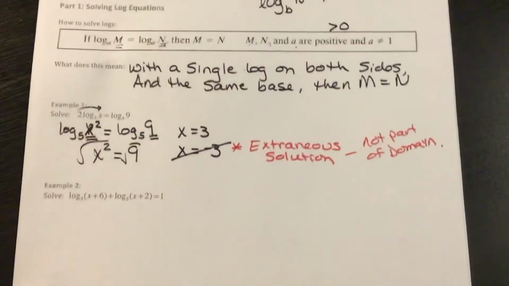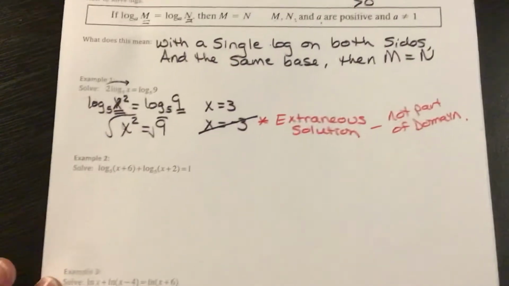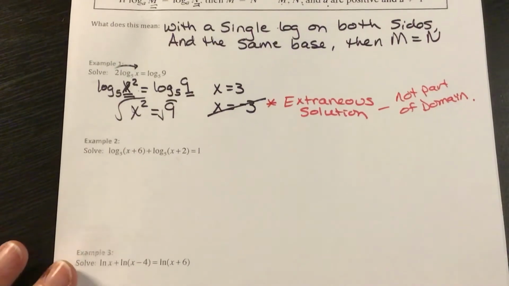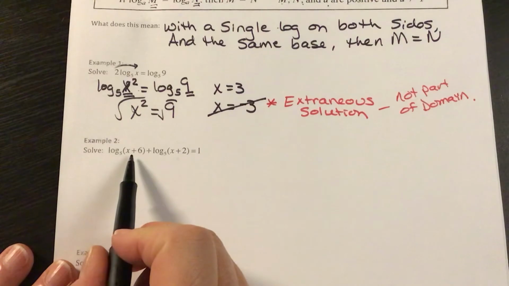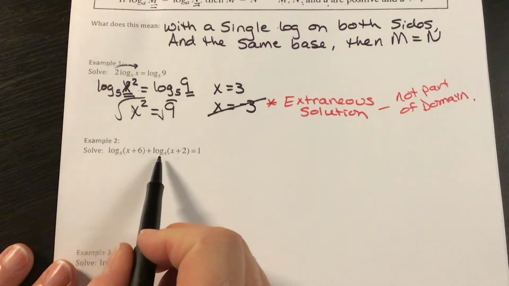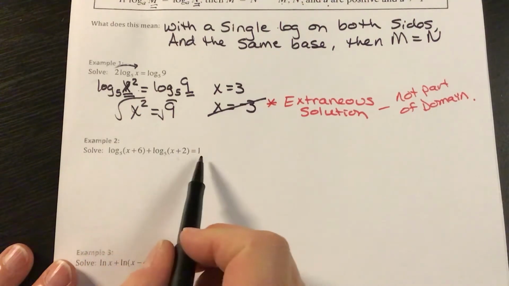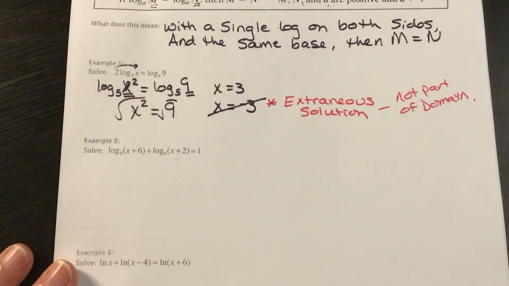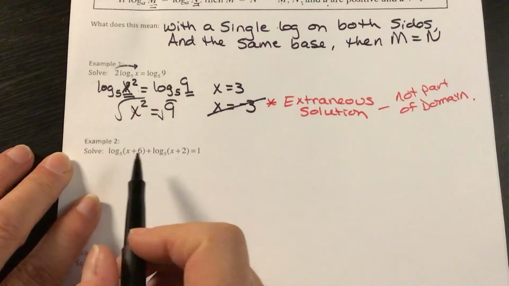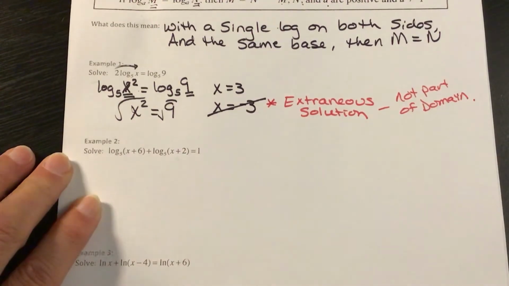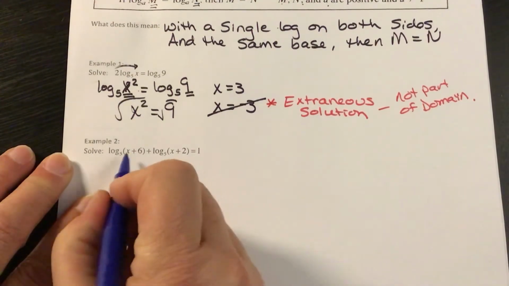All right, so in this next one, again, we're going to incorporate those properties. Here I have log base 5 of x plus 6, and log base 5 of x plus 2, and that equals 1. First I'm going to look at what my domain is.